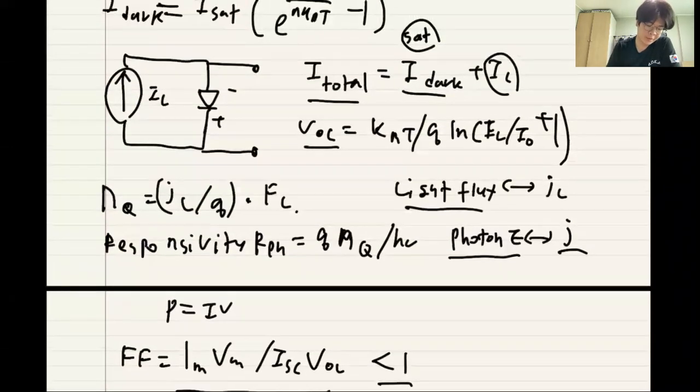It is important that quantum efficiency is light flux to the current flux, so we normalize this charge.